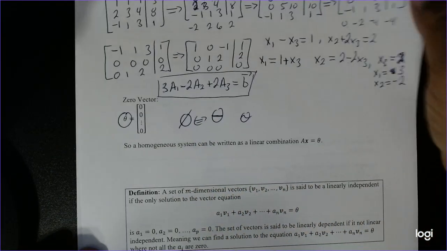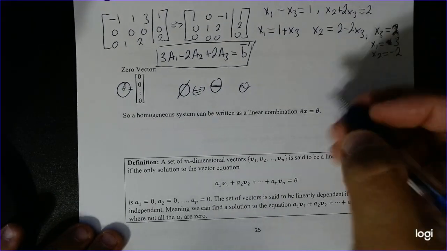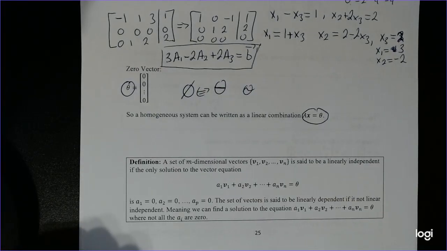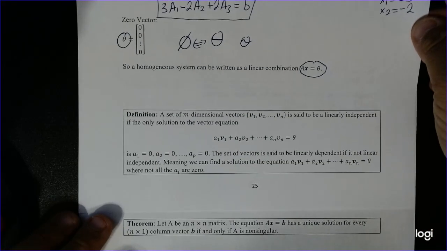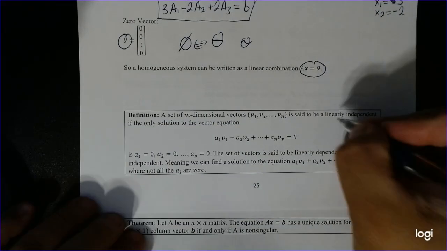Okay. But what we can do now, because we have this zero vector, is rewrite homogeneous equations to look like this, right? Because homogeneous equations always equal 0, which means we go to our very special definition down here. A set of m-dimensional vectors is said to be linearly independent, which is a key thing going forward.